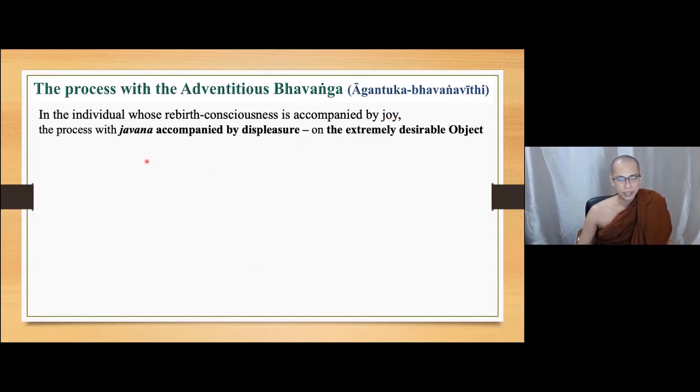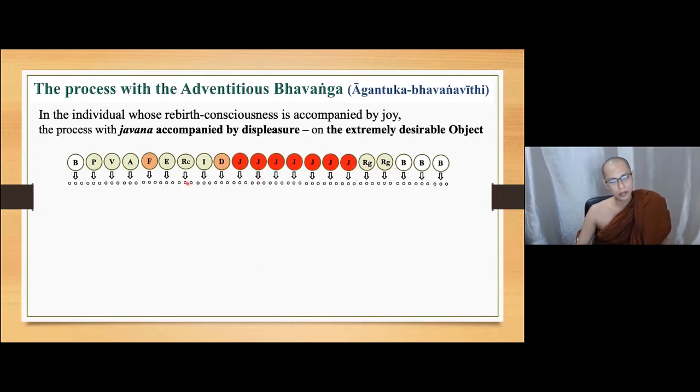When he encounters an extremely desirable object, but the process arises with Domanasa Javana, which is Javana accompanied by displeasure, like this for another religious person who sees the Buddha, like an Ajivaka or someone else, he gets angry. If his Bhavanga is joyful, this happened to him.